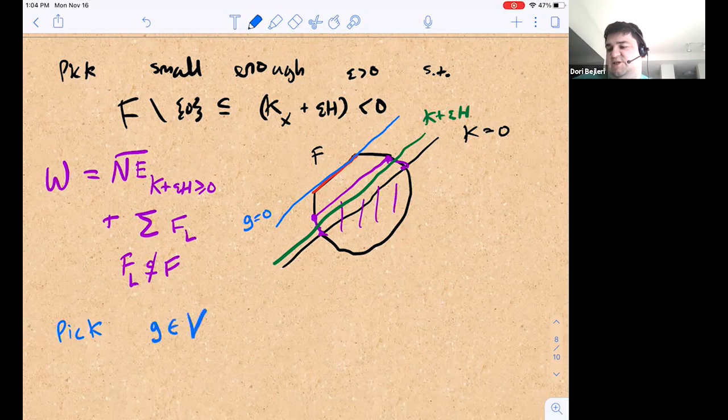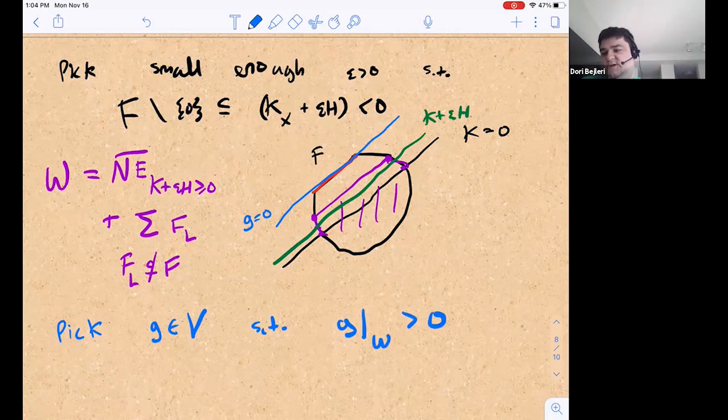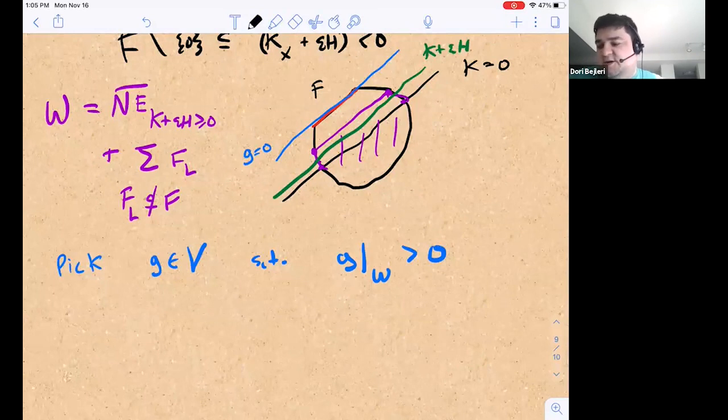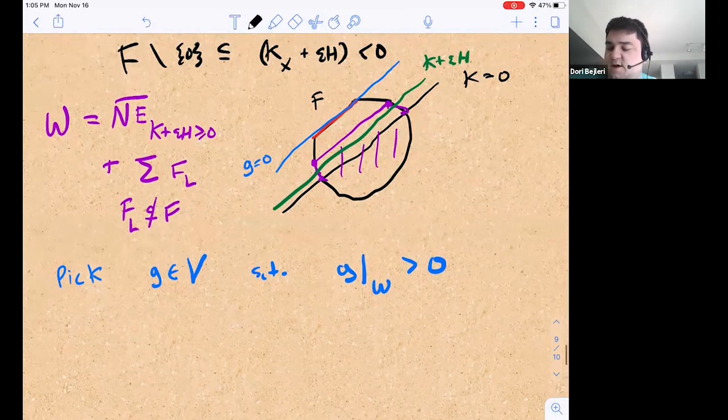Saying that G is 0 on F is like saying that G is contained in V, but because we can separate F and W, they're separated by some open set. Then the point is that we can pick this G such that G is strictly greater than 0 on W. So that's what we want to pick. We want to pick a G that's strictly greater than 0 on W, and then that vanishes on F. And now this G would be an R-Cartier divisor if G was actually the class of a divisor. But a priori G is just some element of this vector space V.